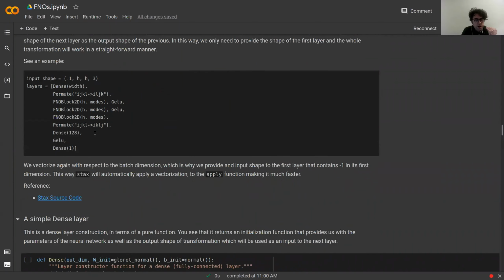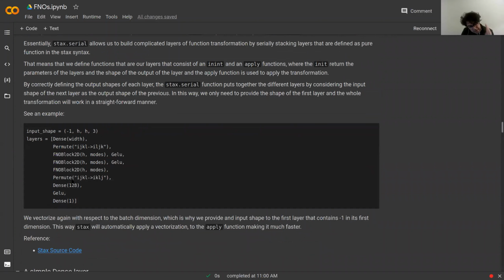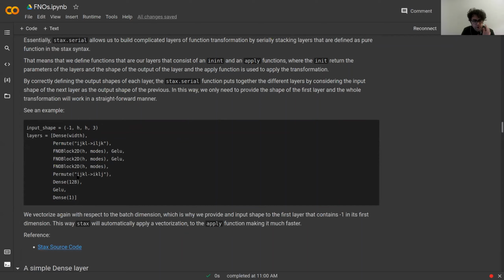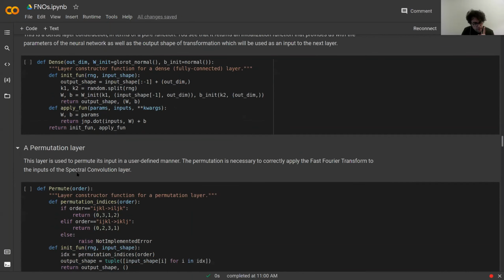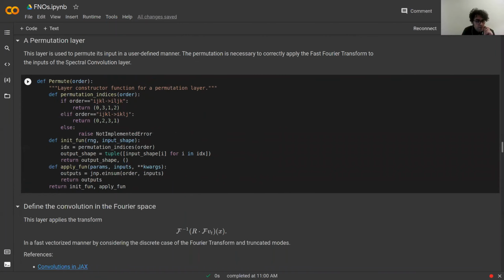This is how we construct this stacking of layers serially, one after the other. You need to be careful that in this series of transformations, whatever is the output of one goes as the input to the other, the shapes, because this input shape that you will see in every initialization function is essentially what initializes the weights.